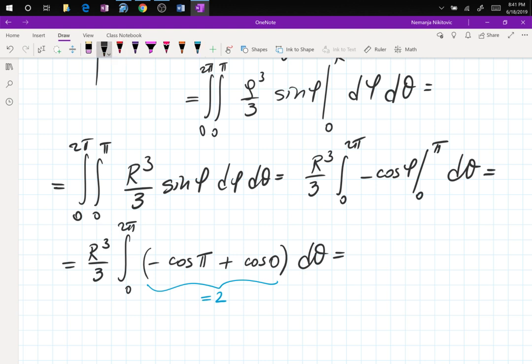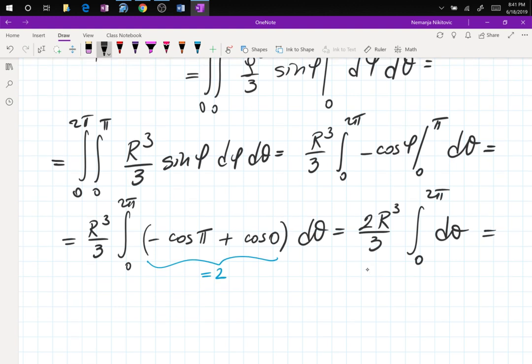And that is going to kick out and become 2R cubed over 3. And I have the integral of d theta from 0 to 2 pi. That's just going to be 2 pi. So I have 2R cubed over 3 times 2 pi to give me 4 pi over 3 R cubed, and we know that's the volume of a sphere.